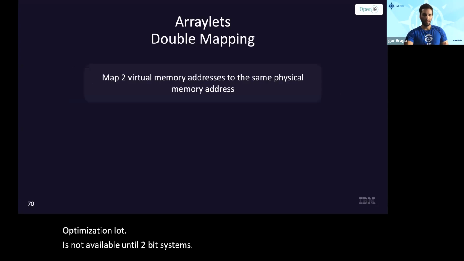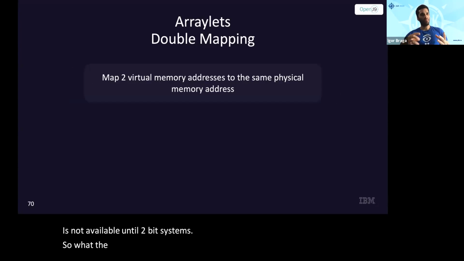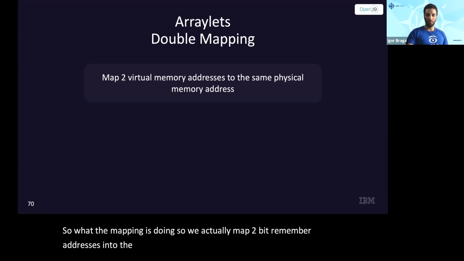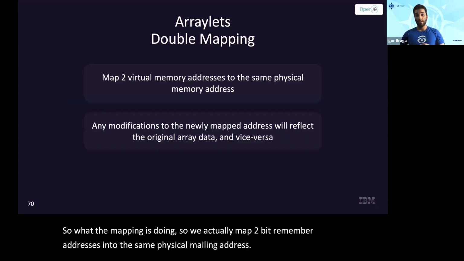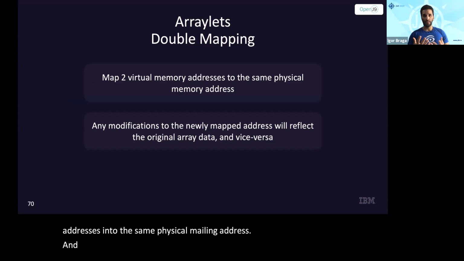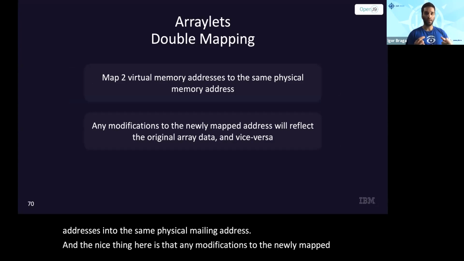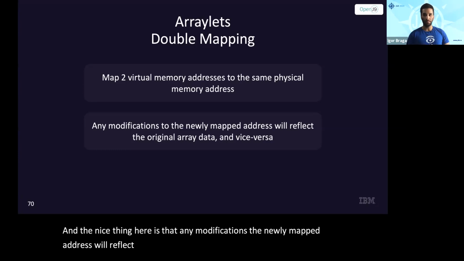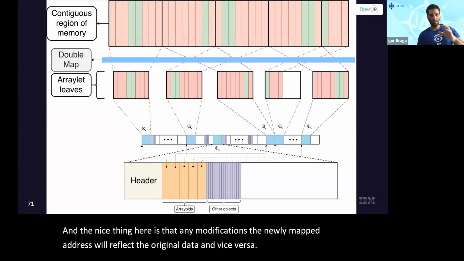So what double mapping is doing is we actually map two virtual memory addresses into the same physical memory address. And the nice thing here is that any modifications to the newly mapped address will reflect on the original data and vice versa.